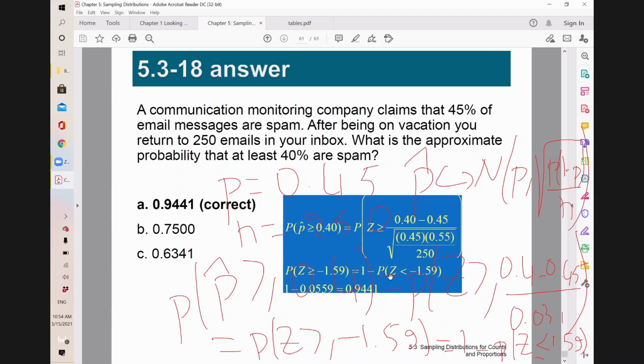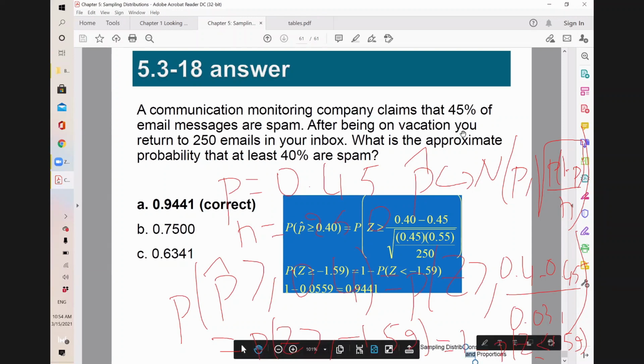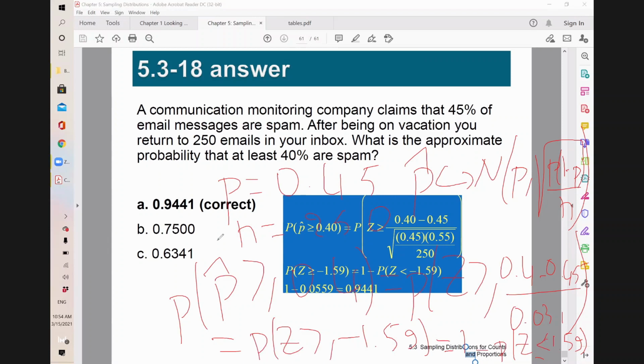Here we have all the requested 1 minus the probability, because for more than, it is the complement. Here the probability of Z more than minus 1.59 is equal to 1 minus the probability of Z less than minus 1.59.